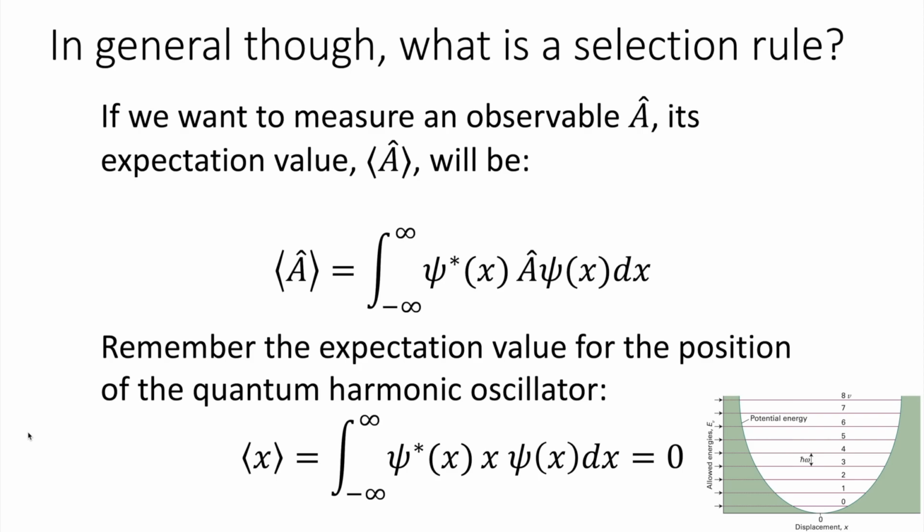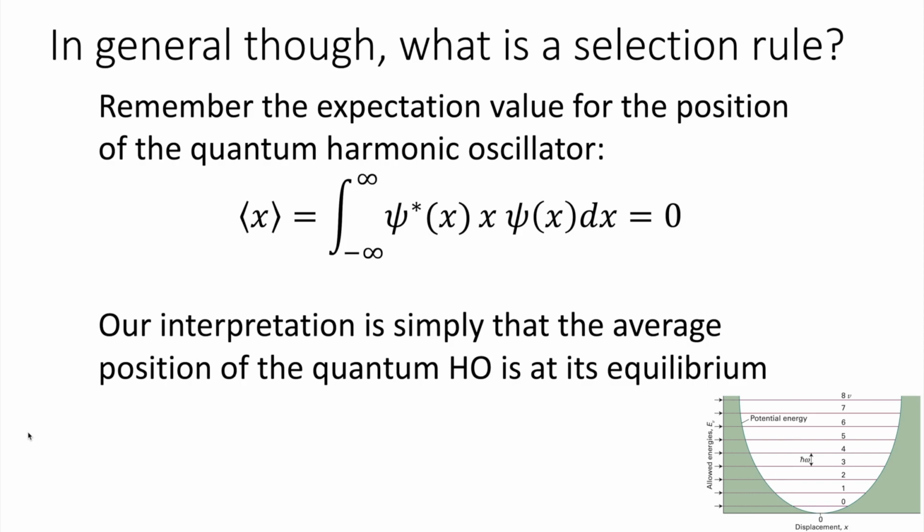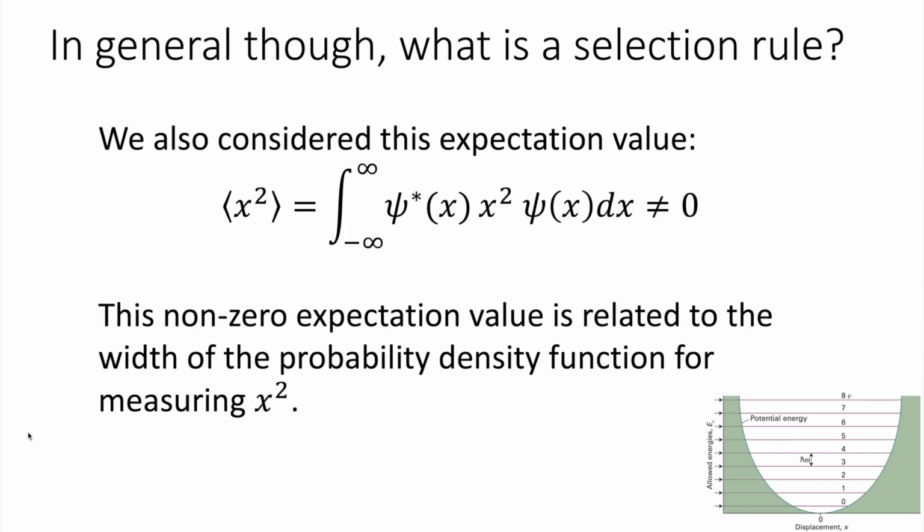If you think of it as a spring, it's neither compressed nor stretched. If you measure the position a whole bunch of times and take the average, that's what you expect to see. So that's not at all surprising, but I wanted to remind you of this relationship as well. That was the expectation value of position x.